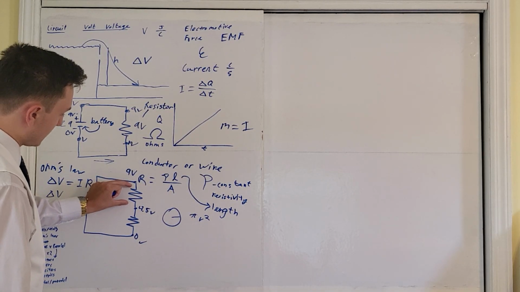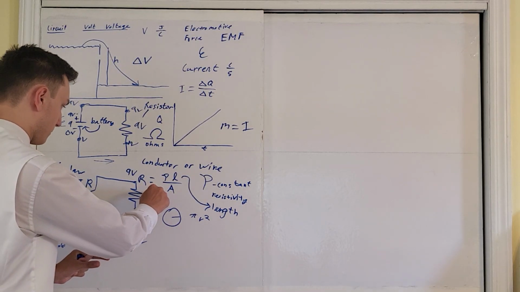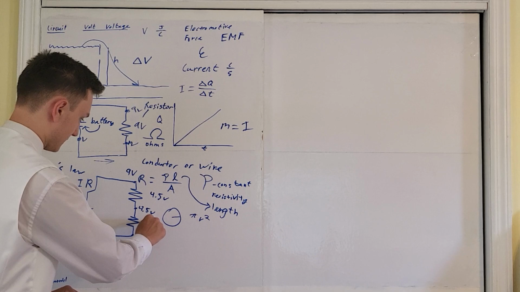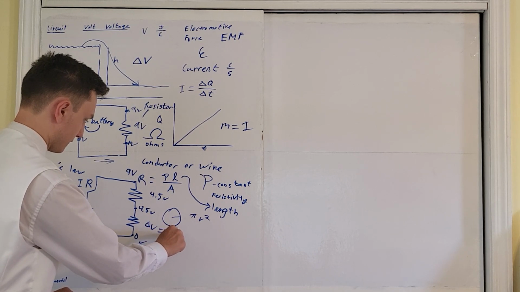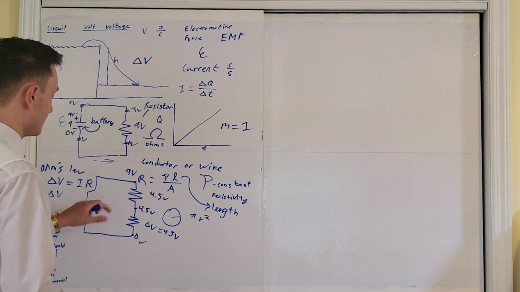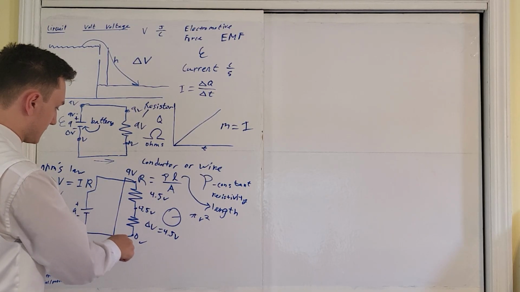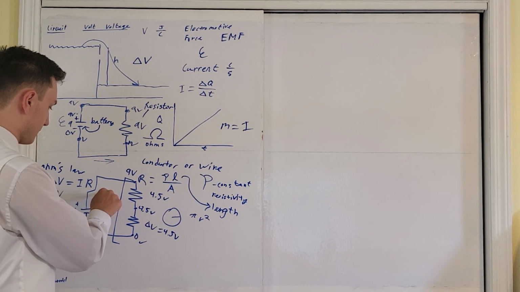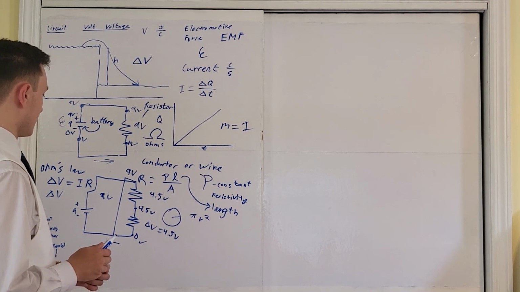Voltage drop across this resistor is 4.5 volts. And the voltage drop across this resistor, delta V, equals 4.5 volts. Okay? But if I consider both resistors at the same time, I can say that the voltage drop across both resistors is 9 volts. Hope we understand how that's measured.